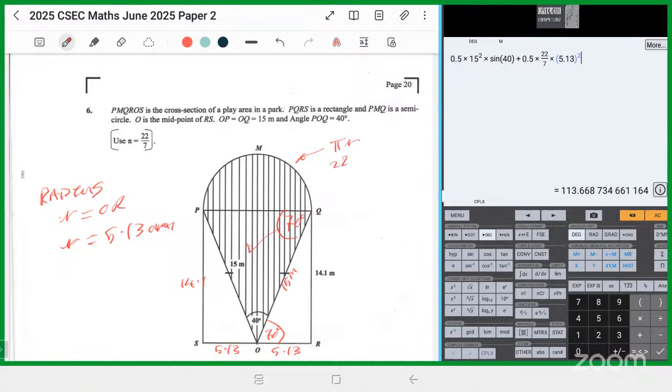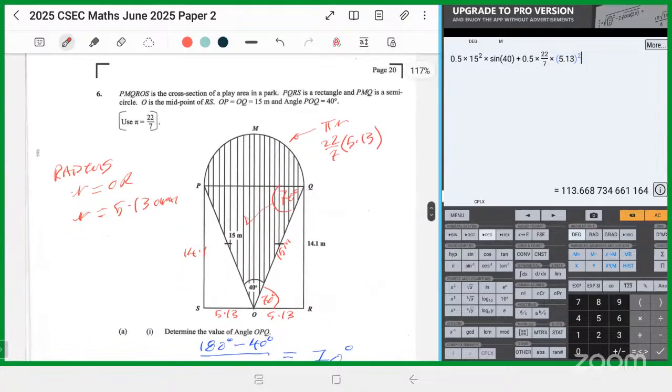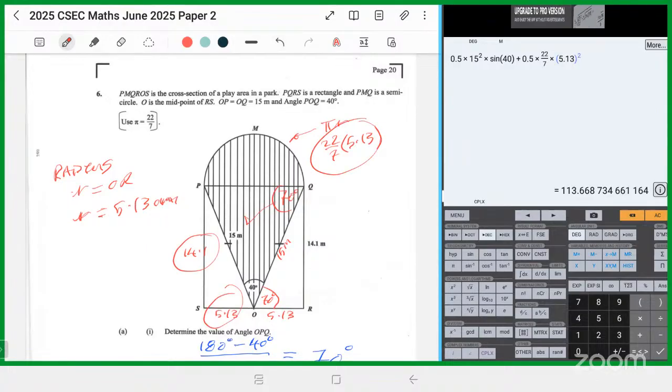That's 22/7 times 5.13. So adding up all of those: 14.1, 14.1, 2 times 5.13, and then this pi r.